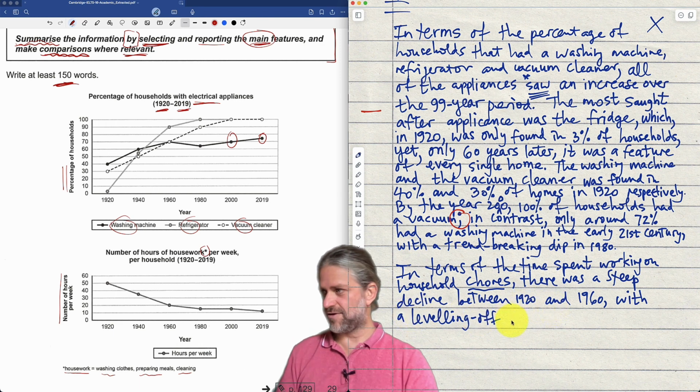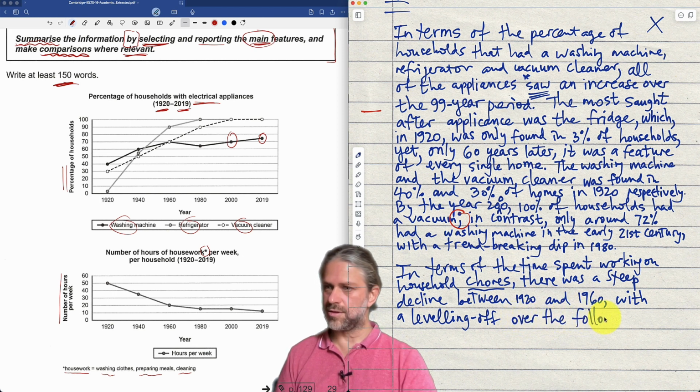With a leveling off over the following, how many years have we got there? So we've got 1960, so that's 40 years plus, yeah, so the following 59 years.